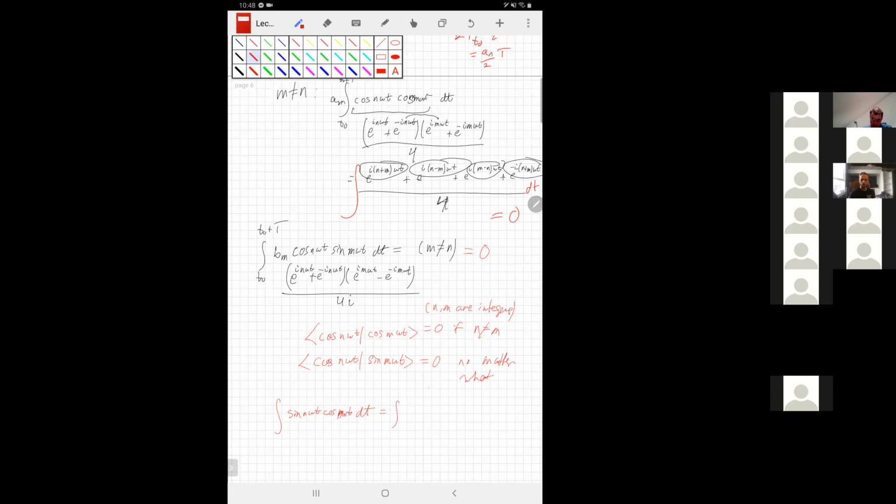And that is the integral of 1/2 sine 2n omega t dt. And this integral is 0, because again, we're taking a sinusoid and integrating it over its period. So that integral has to be 0.